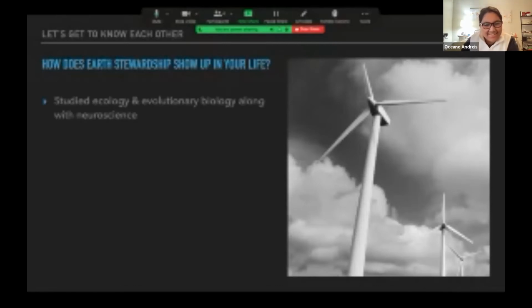So in undergrad, I actually studied 2 foci in biology. I was really absorbed in ecology and evolutionary biology. So I was taking all of the required courses for that, along with all of the required courses for neuroscience. And this has given me this cool perspective of seeing how things evolve and change.